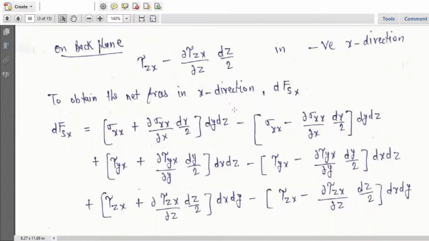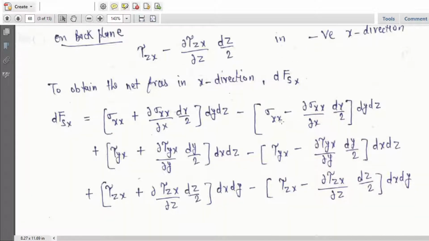So the total force in the x direction is the force in the positive x direction minus the force in the negative x direction, giving the net force in the x direction. The same way for the y planes, the x component on the top plane minus the x component on the bottom plane gives the net force in the x direction, and likewise for the front and back.